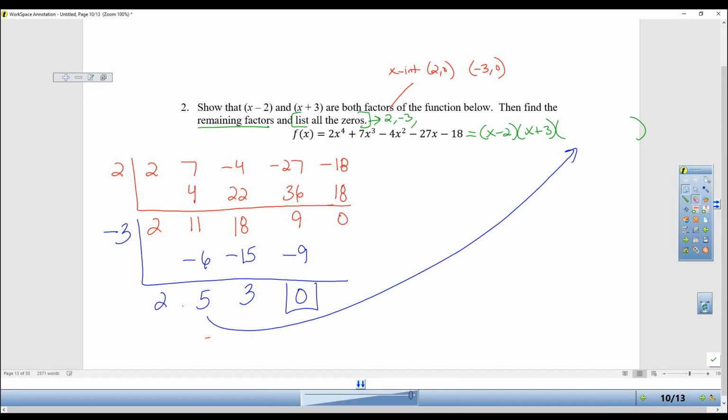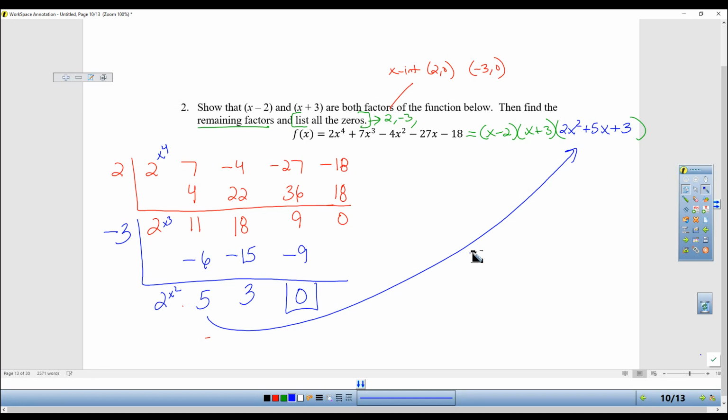The last factor is 2x squared plus 5x plus 3. I knew it was squared because it started as to the 4th power. And remember, you always reduce it by a power. Now it's to the 3rd, and now it's squared. Every time you do this synthetic division, it reduces it by 1 power.